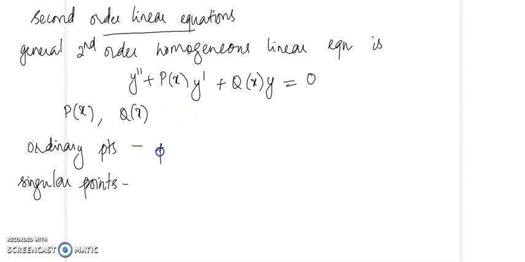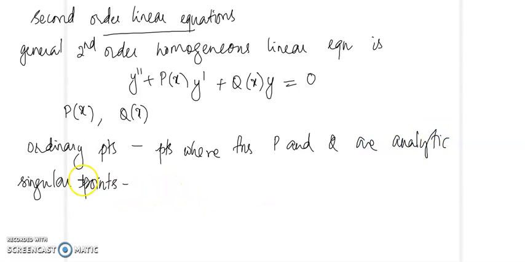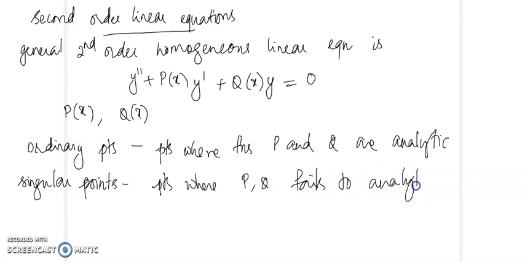So the points where the functions p and q are analytic are called the ordinary points, and the points where p and q fail to be analytic are called the singular points in this case.